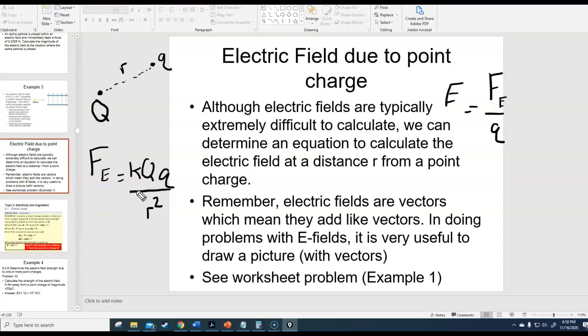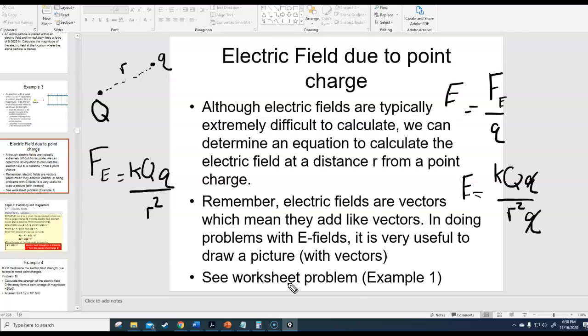Okay, and so this is Coulomb's law. This is the electric force between those 2 charges, which means that the electric field strength at this point in space must be equal to this equation divided by little q. So if we take this equation that comes from Coulomb's law, that's k big Q little q divided by r squared, and then divide by little q, we arrive at an equation that allows us to calculate the electric field strength at this point in space that is caused just by the existence of big Q alone.